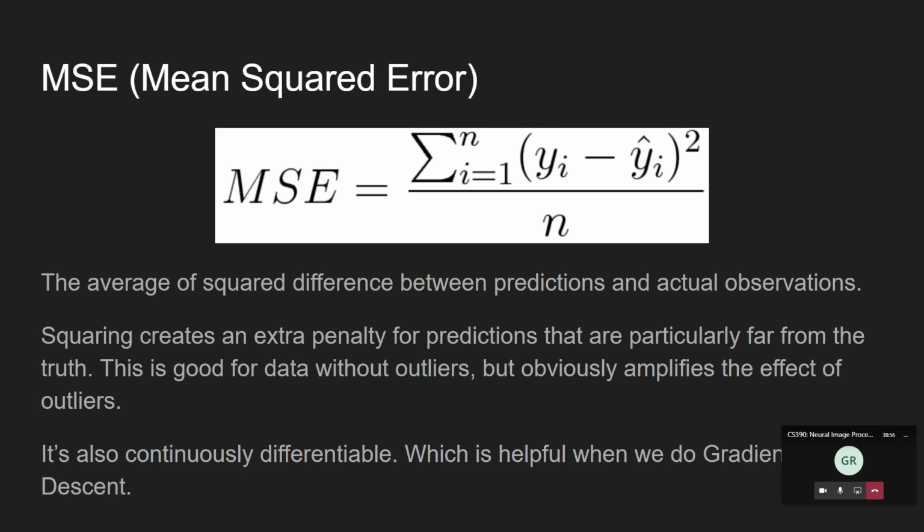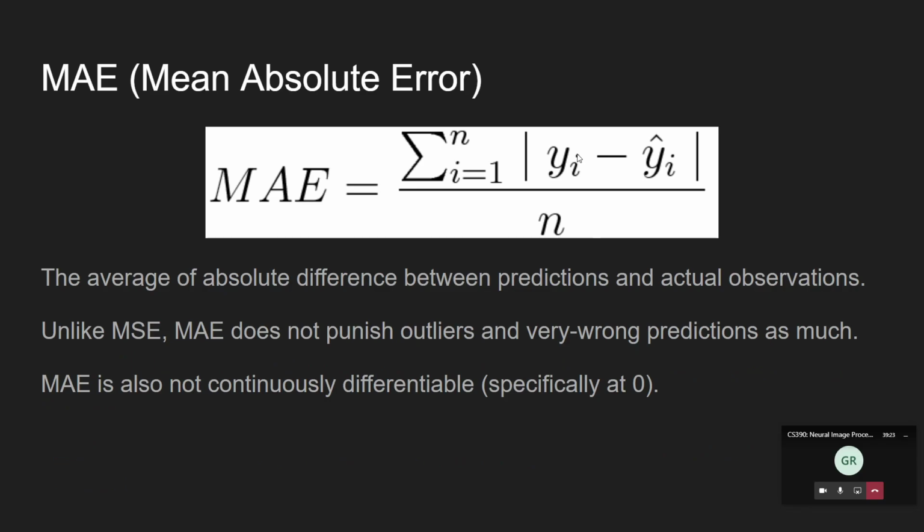It's continuously differentiable, which is always nice. And the nice thing we have here is that because we have that squared term, it's an extra penalty for predictions that are very far off from what we expect. So the farther away it is, the more it's going to punish it. So outliers are heavily punished when using MSE.